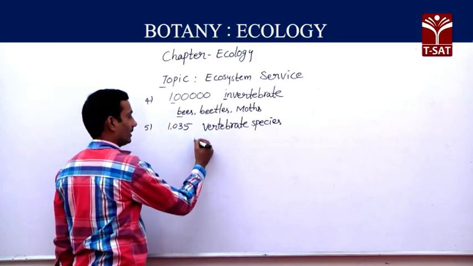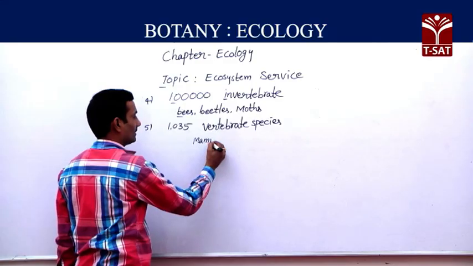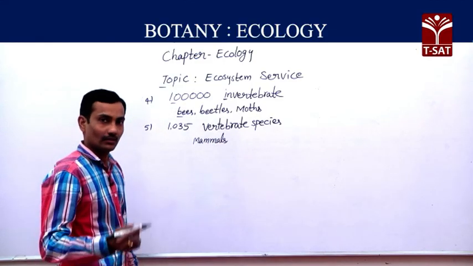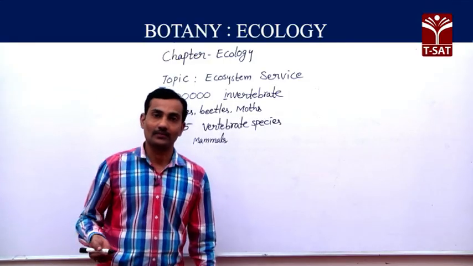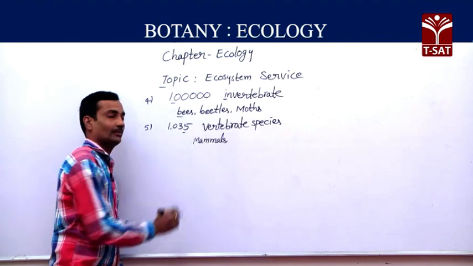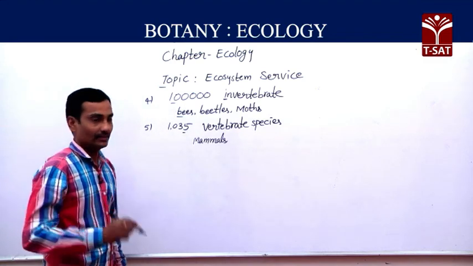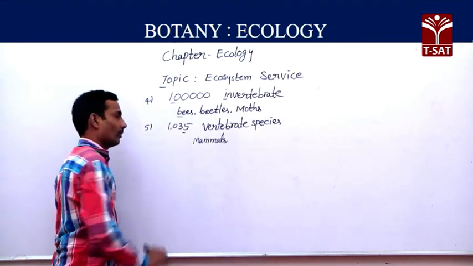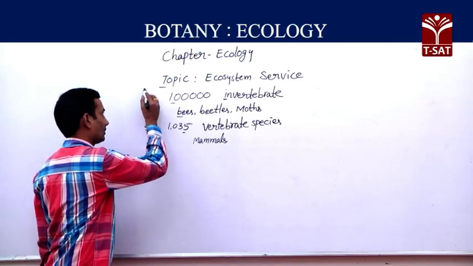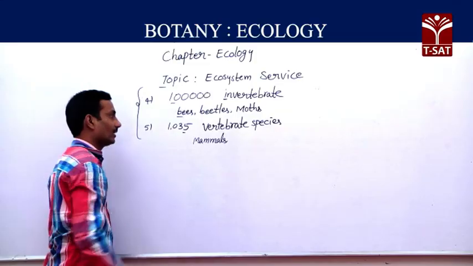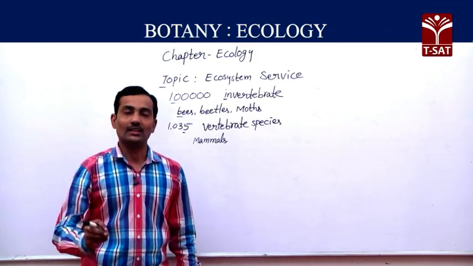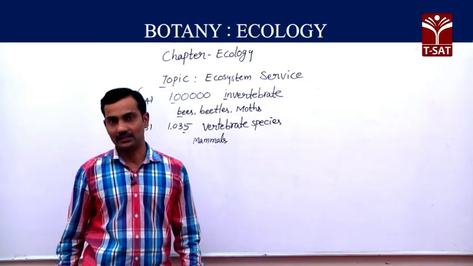Like here different mammals and different types of vertebrate animals participate in the pollination mechanism. So both invertebrate and vertebrate animals are all biotic pollinators.